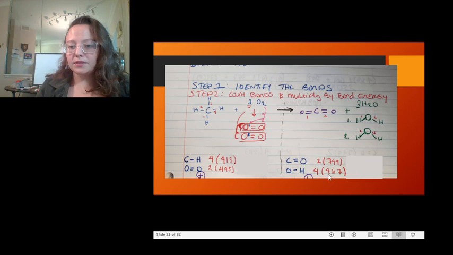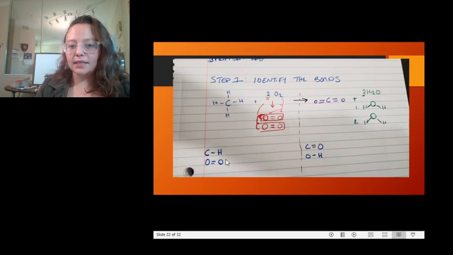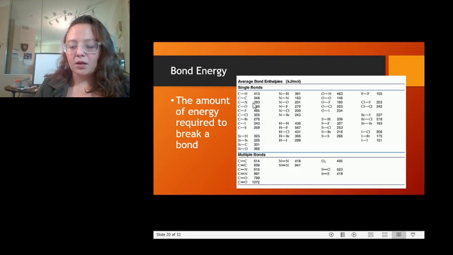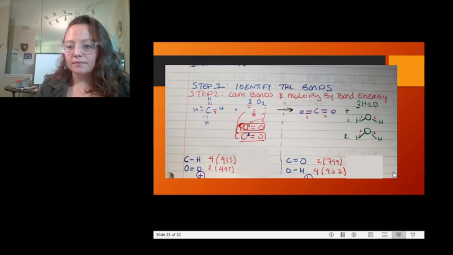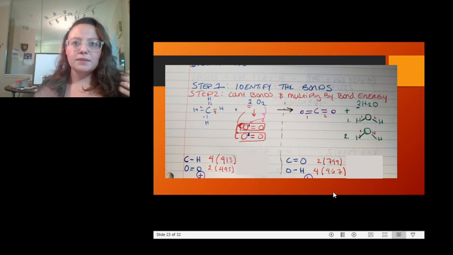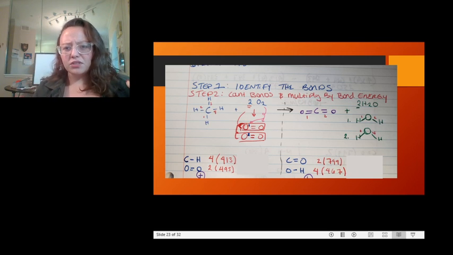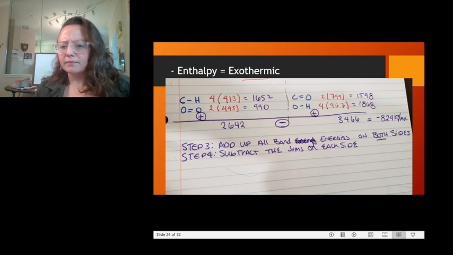These numbers in the parentheses came from that bond energy table. Carbon and hydrogen, 413. Oxygen and hydrogen, 467. And so that's where these numbers came from. And you'll always be given the bond energies in most situations. You shouldn't be expected to know them, just what to do with them.